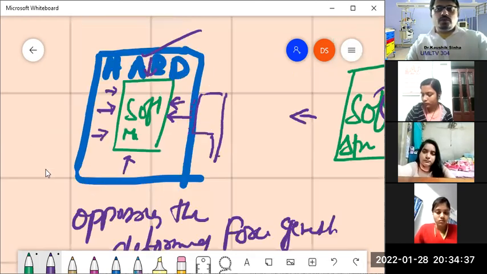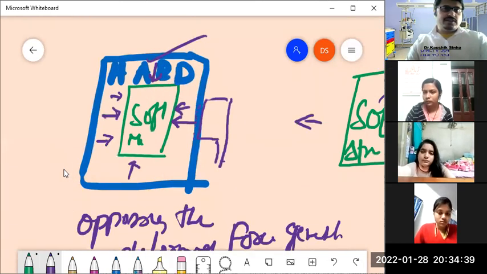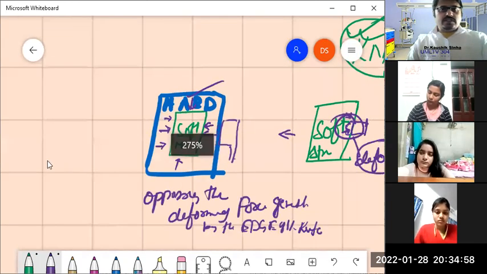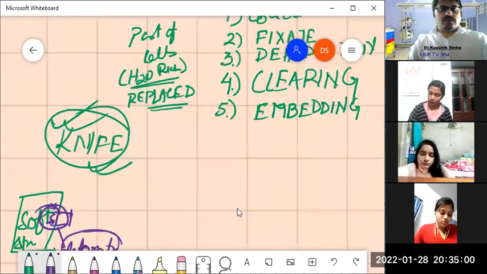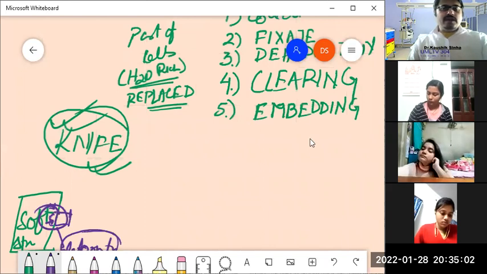So we need to embed. That is a very basic reason why we do need to embed before sectioning. Embed even if the tissue, I mean, more so when the tissue is soft in nature, in its consistency. Clear? So going back to the list of the steps, thus we should have embedding as the fifth step.